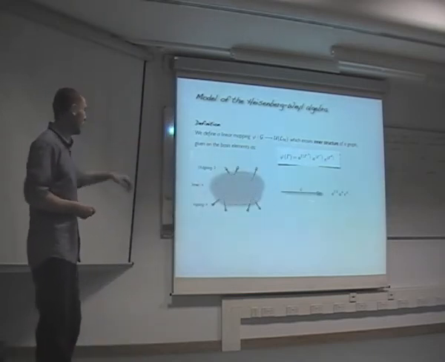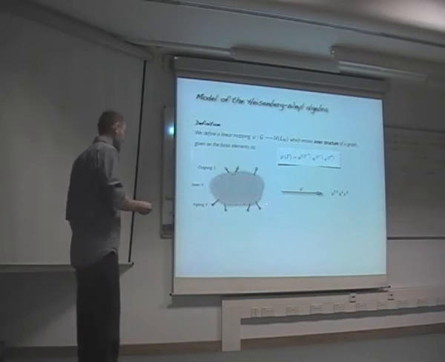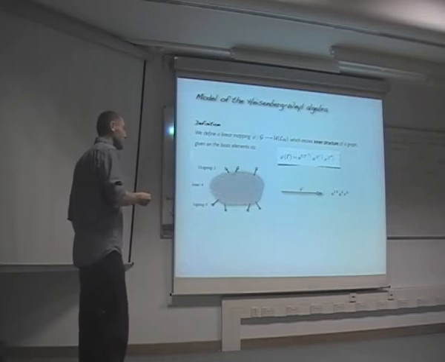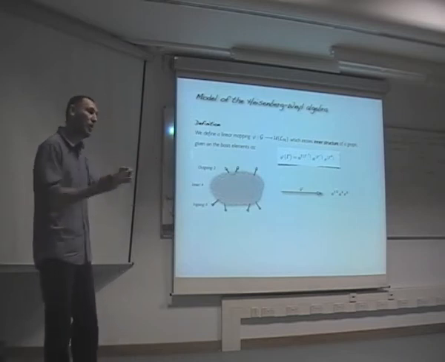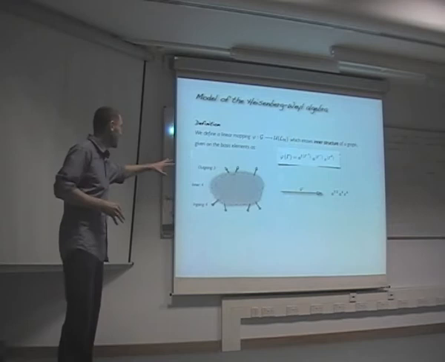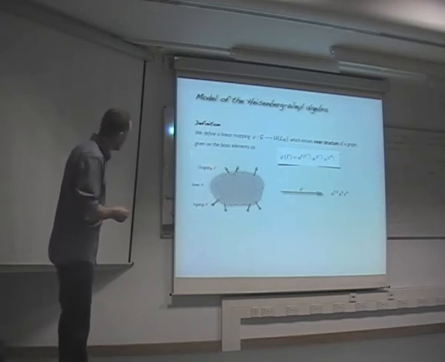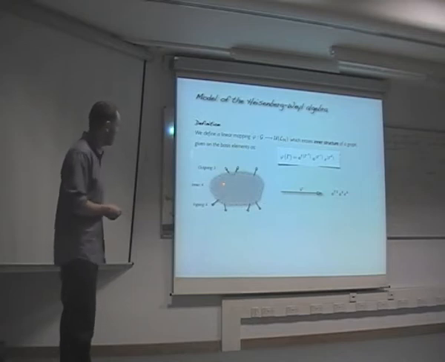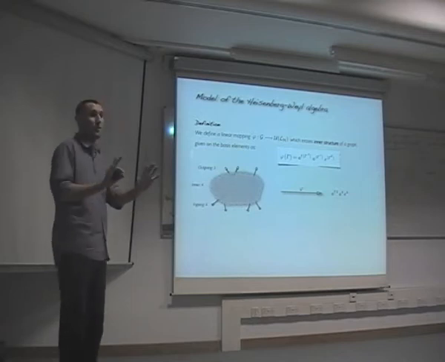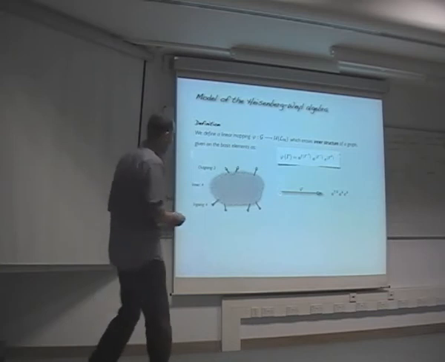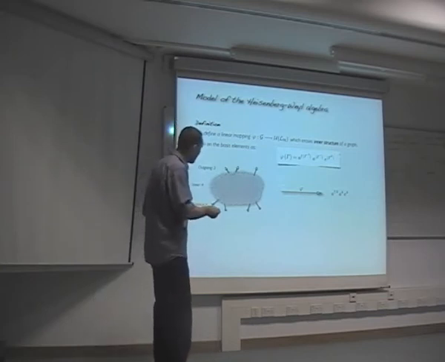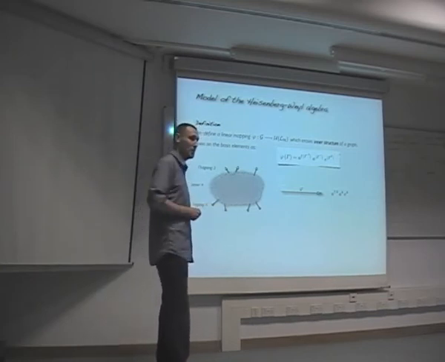I just know how many legs are going out, how many legs are going in, and how many inner lines are inside. I don't know how they are connected. I know that there are some lines inside. So in this example, I have 3 lines which go out, 4 lines which go in, and 4 lines which are inside, though I don't know how they're connected. Right? And I send this graph into this element in the enveloping algebra here.